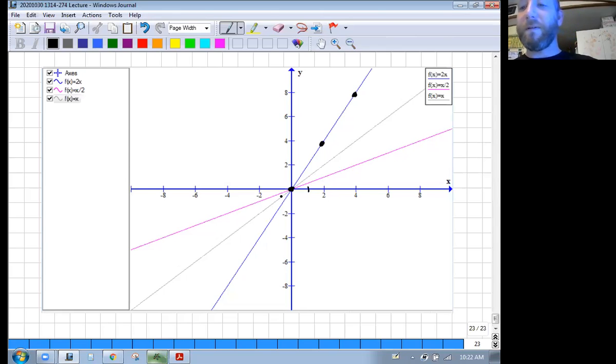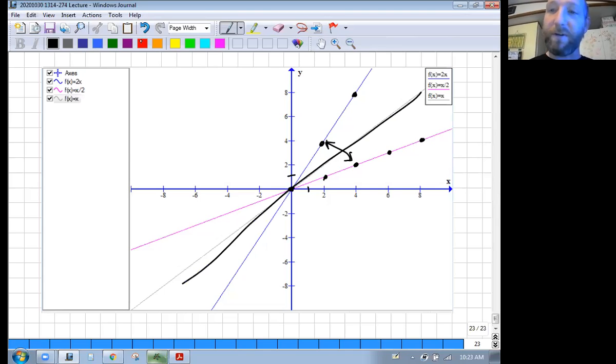But for x over 2, 2 over 2 is just 1. 4 over 2 is 2. 6 over 2 is 3. 8 over 2 is 4. These values are just being reflected over this diagonal, the 45-degree line, f of x equals x.